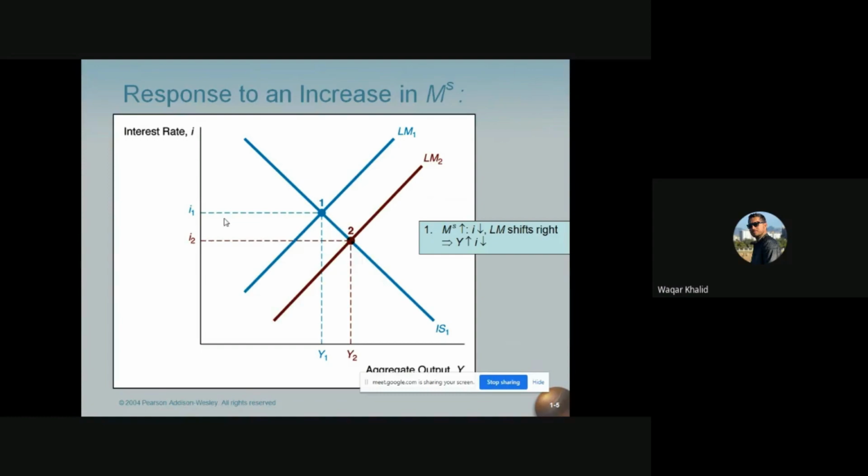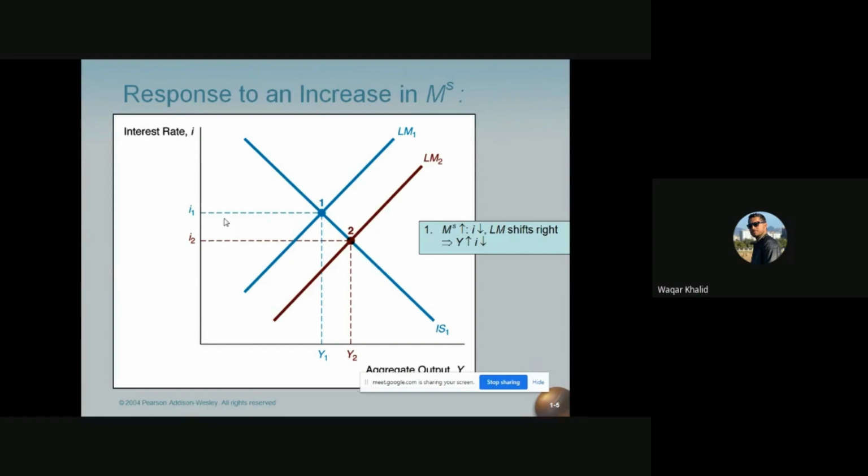But when we are talking about changes in fiscal policy, we are talking about changes in government spending and changes in government taxes.